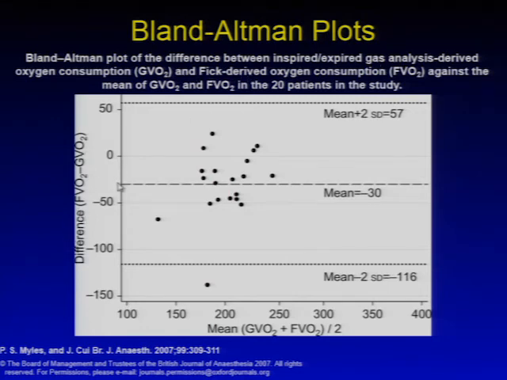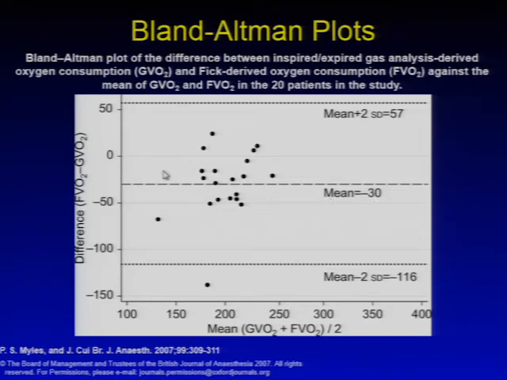And if we figure out what our oxygen consumption is by one and figure out what it is from the other and subtract the 2, if they're the same, we should get a nice line that runs right near 0. In this case, you can see that we have a mean running at 30. And so what that means is that there's a bit of a bias to it. In this case, we get a little bit higher estimate from the gas analysis. But it seems to be pretty constant, so we can just correct that bias by adding this back in.